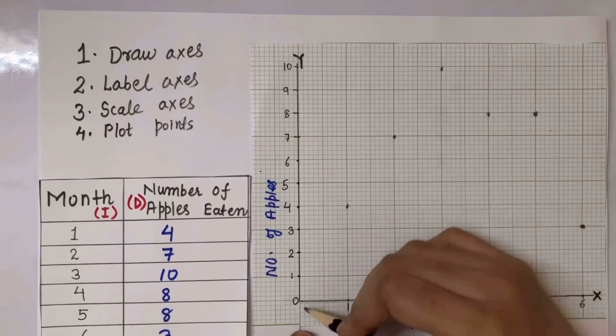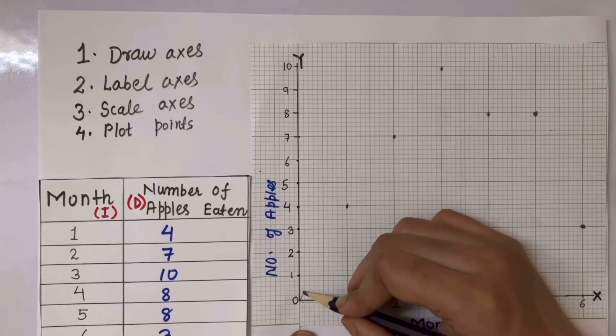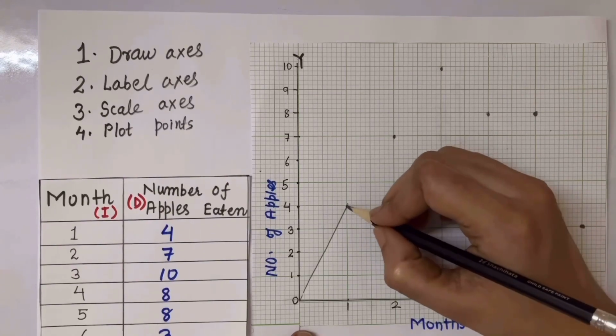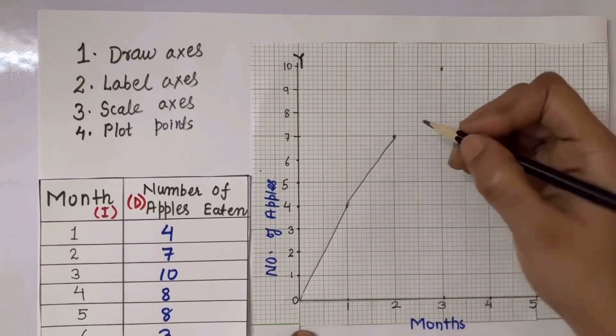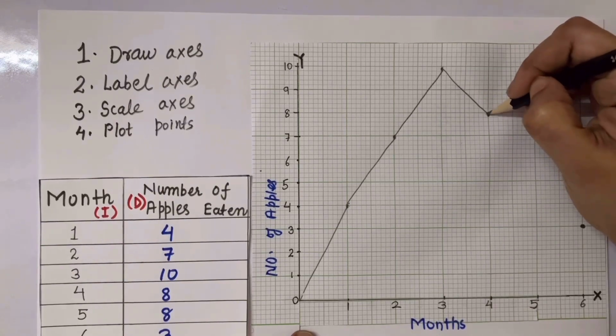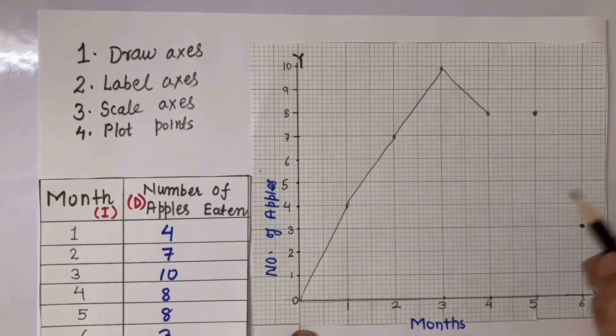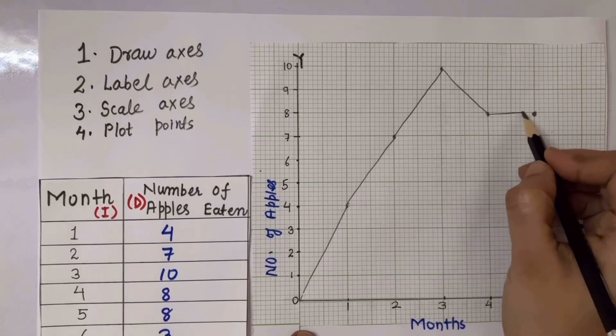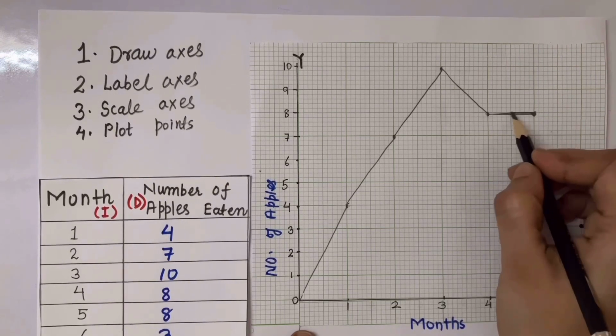Now join these points with the help of a straight line. Here in the fourth and fifth months, the same number of apples was eaten, so it is a straight line.